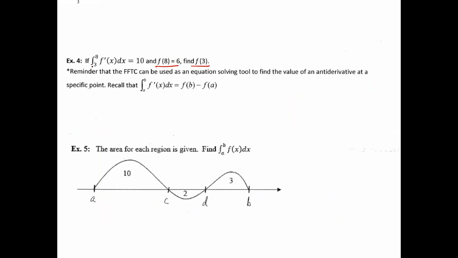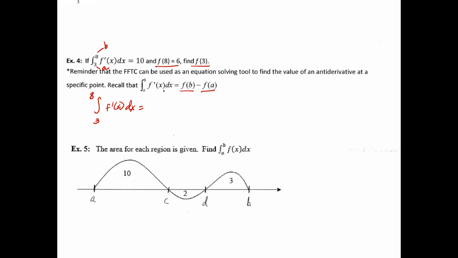All right, so then if the integral from 3 to 8 of f prime of x dx equals 10, then I'm going to write this as the integral from 3 to 8 of f prime of x dx equals, and here it's giving you the equation. It says f of b, and remember your b is 8, minus f of a, your a is 3.